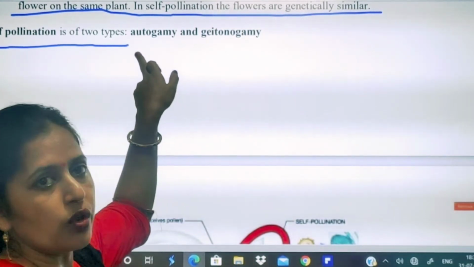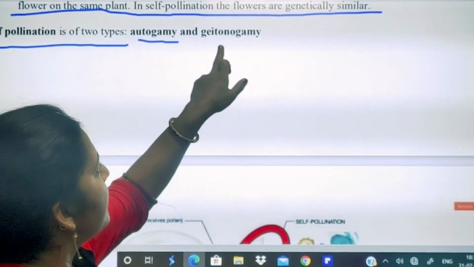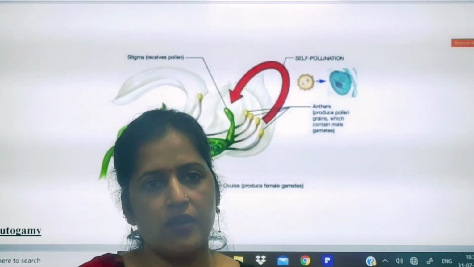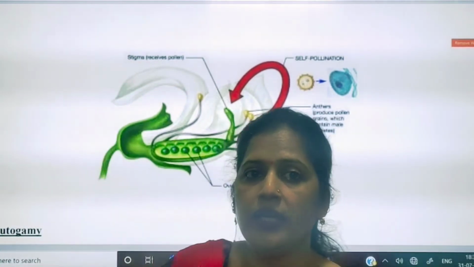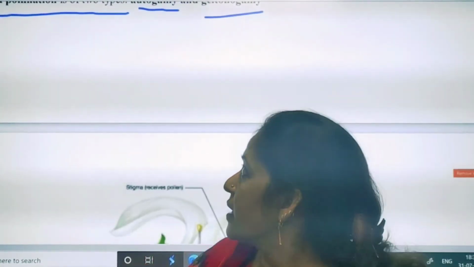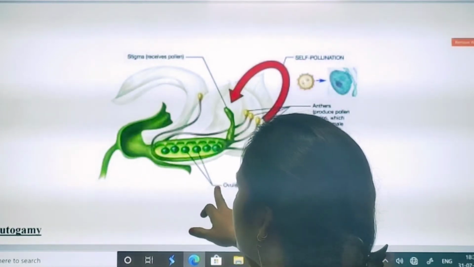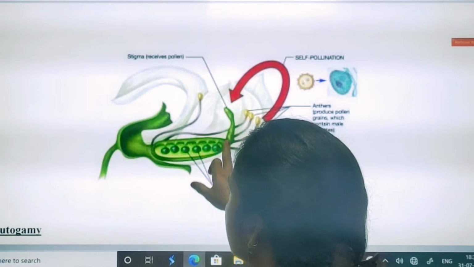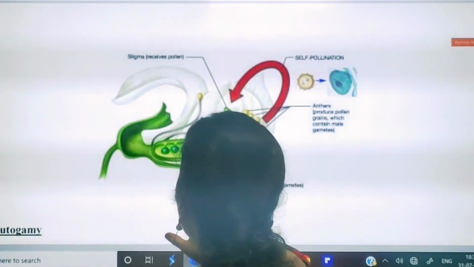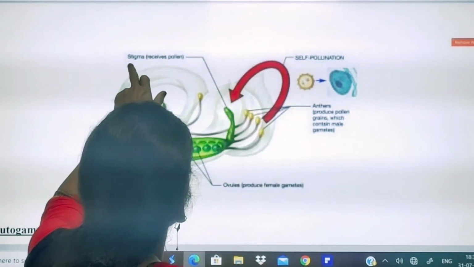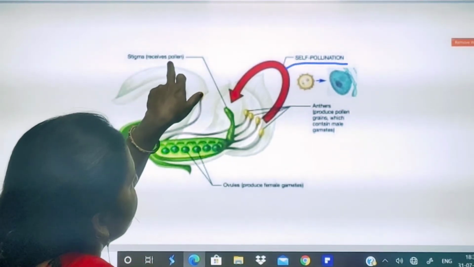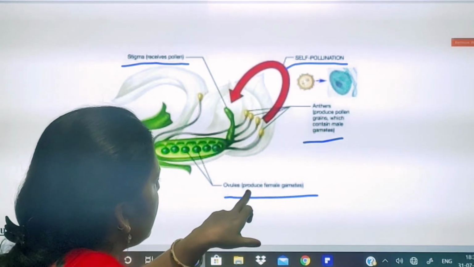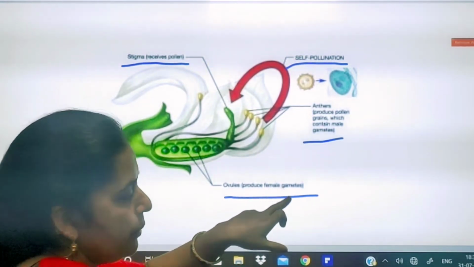Self-pollination is further of two types, that is autogamy and geitonogamy. That means self-pollination is categorized into two categories, autogamy and geitonogamy. First, start with autogamy. This is the diagrammatic representation of self-pollination; this is the stigma, these are the anthers, and this is the ovule that is produced on the female gametes.